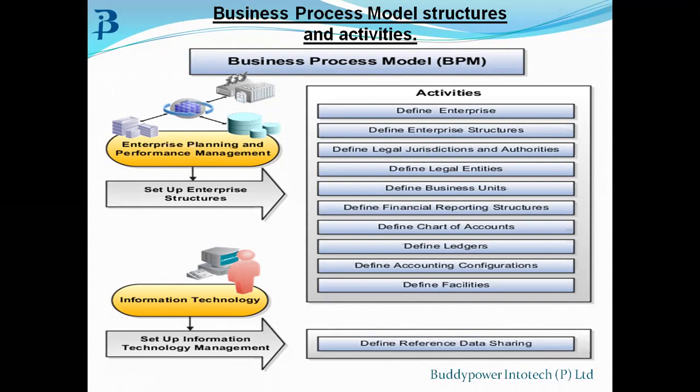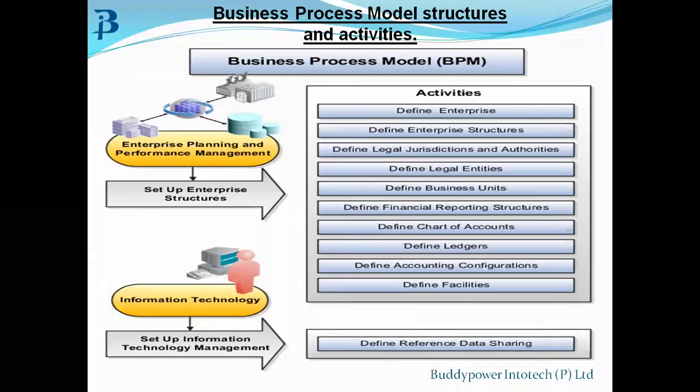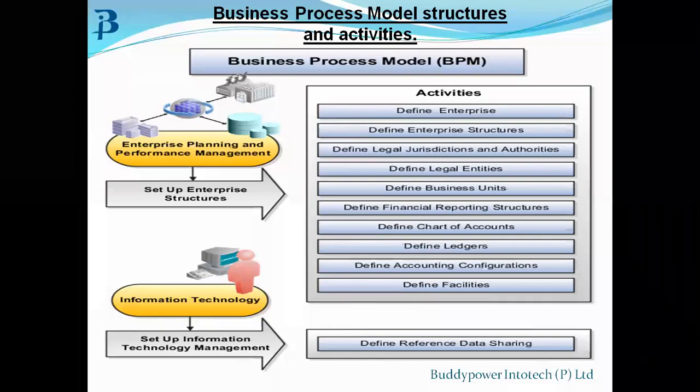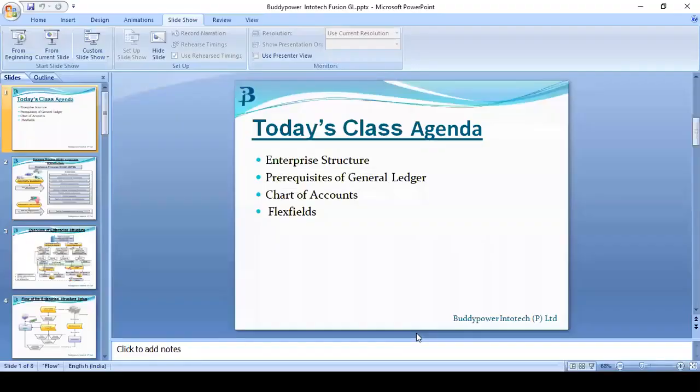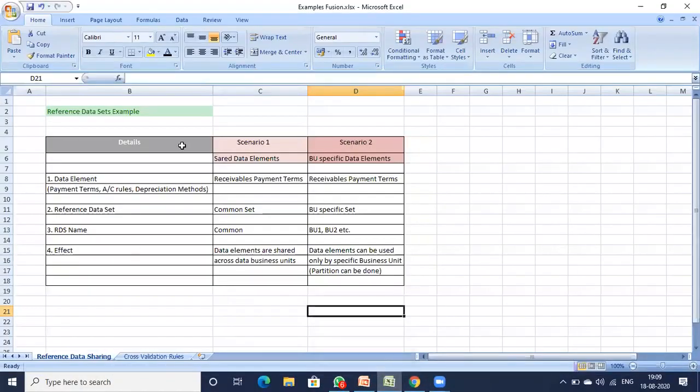Reference data sharing facilitates sharing of configuration data such as jobs and payment terms across organizational divisions or business units. This feature shares common data across business units to avoid duplication and reduces maintenance effort. Just let me give you an example of how the reference data sharing works. Okay, see here.